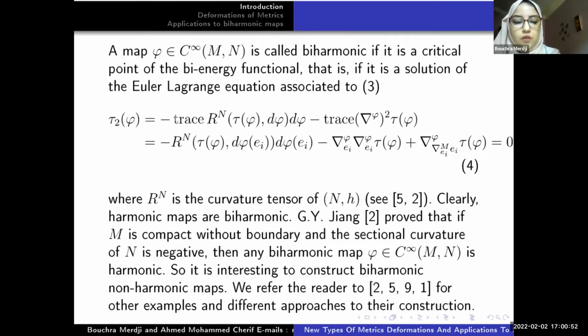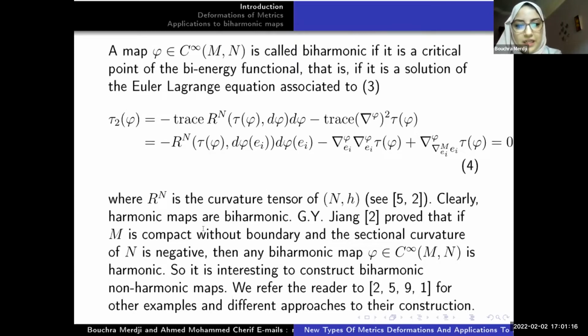It is equal to minus the trace of the curvature tensor of the manifold N applied to tau varphi, d varphi, minus the trace of nabla varphi squared applied to tau varphi. A map is biharmonic if this bi-tension vector field is equal to 0.